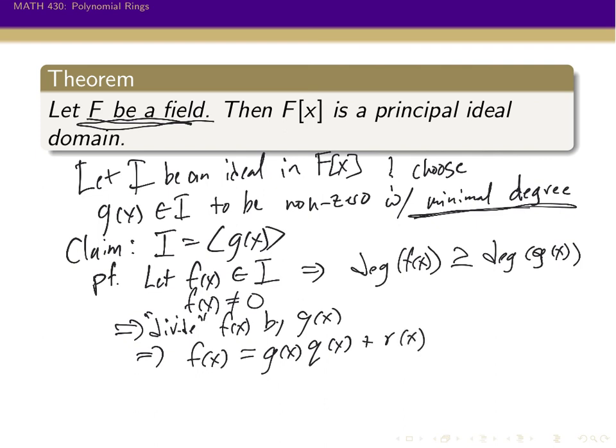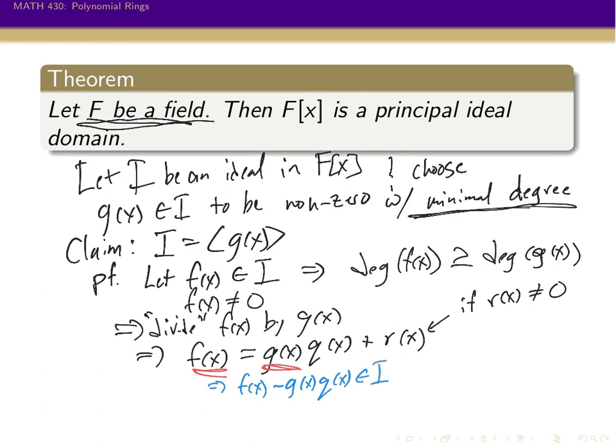Now if this r(x) is non-zero, well, since f(x) and g(x) are both in the ideal, we'd have that f(x) minus g(x)q(x) is in the ideal.